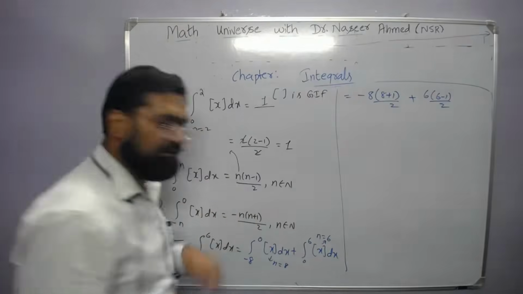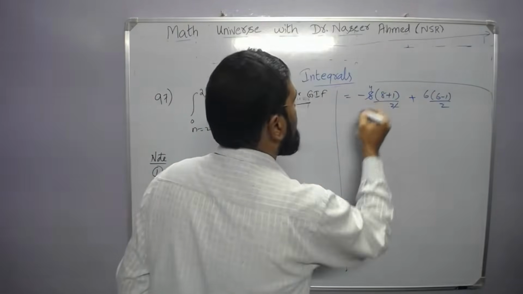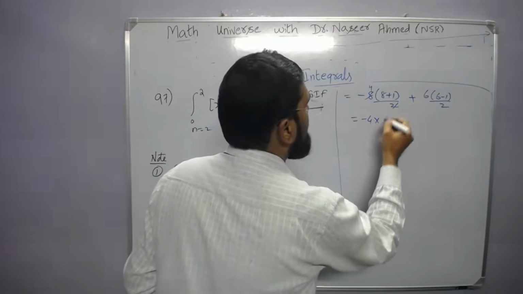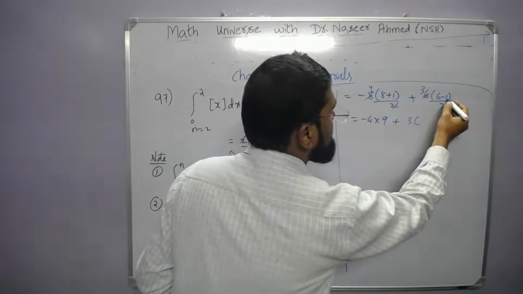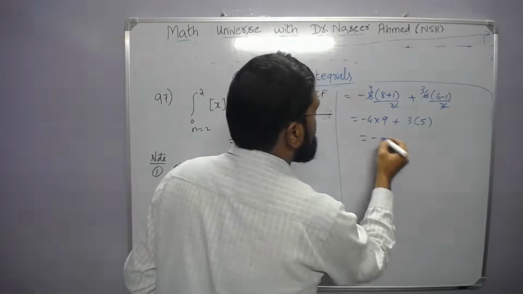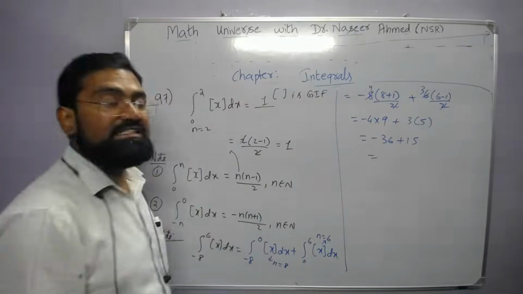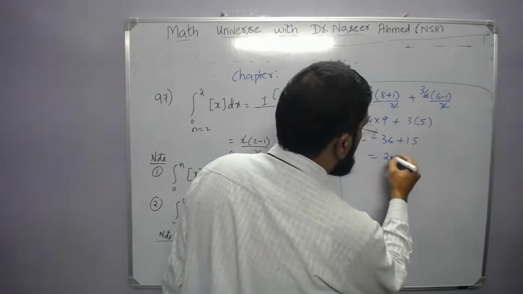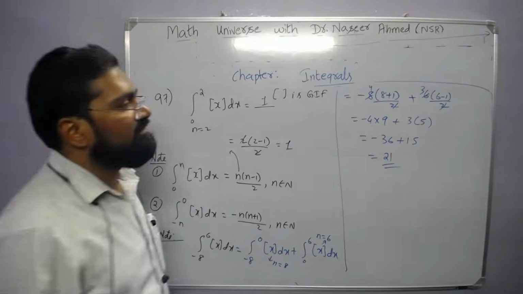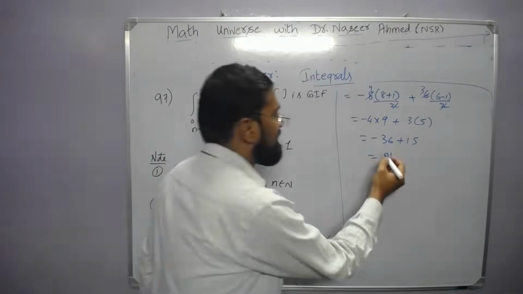Now let us simplify. 2 ones are 2, 2 fours are 8, so I get minus 4 times 8 plus 1, which is 9, plus 2 threes are 6, so 3 times 6 minus 1, which is 5. 4 nines are 36, 3 fives are 15. How much is this? It is 21, with a minus sign.